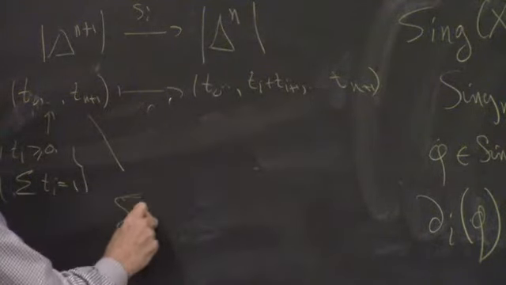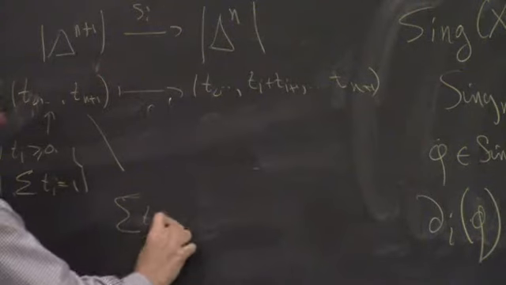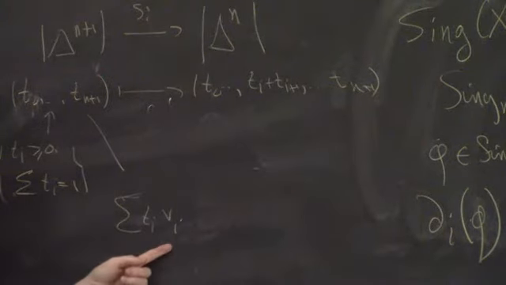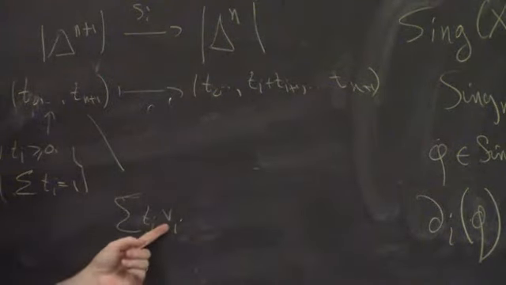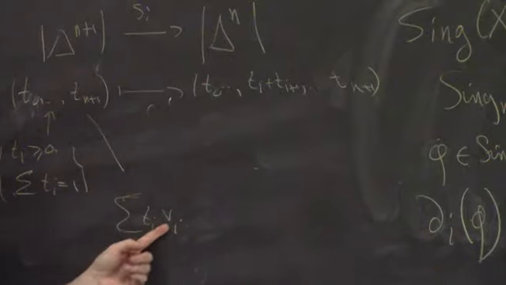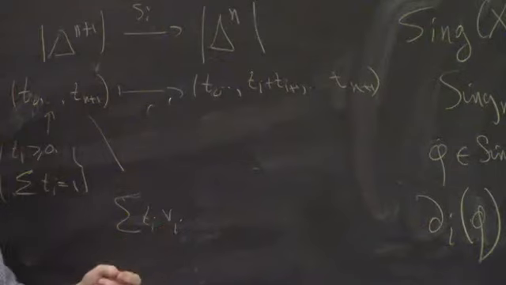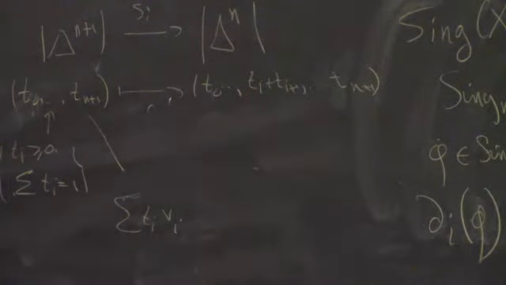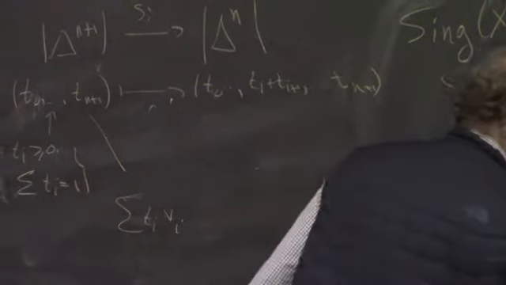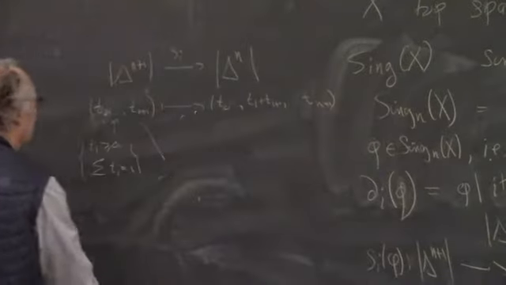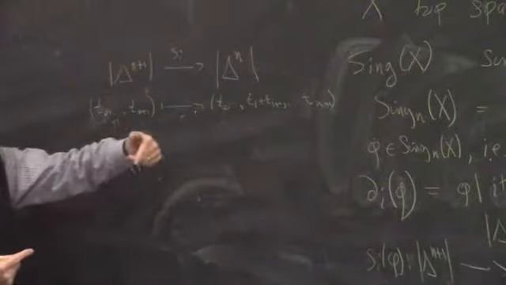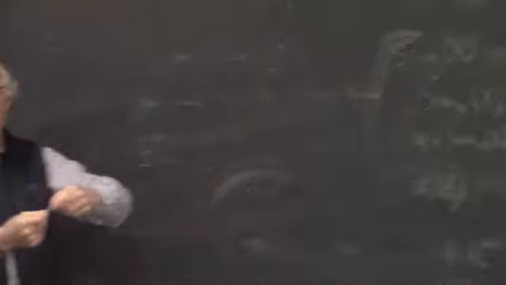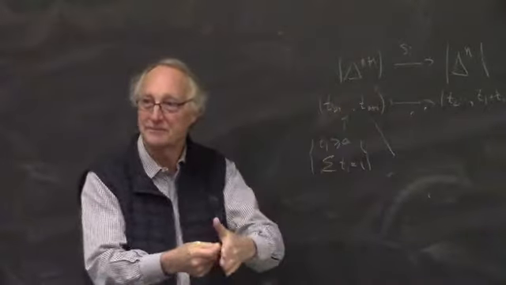This is summation ti vi, and vi is the ith vertex. Well, if I'm going to send both vi and vi plus 1 to vi, then the coefficient in front of the new vi will be the sum of the two coefficients. So this is the collapsing map that collapses along lines parallel to the edge connecting the I and I plus first vertex.